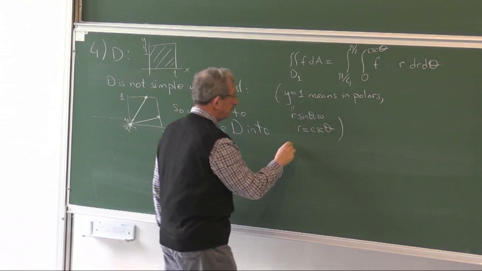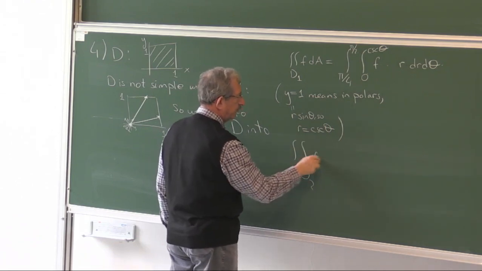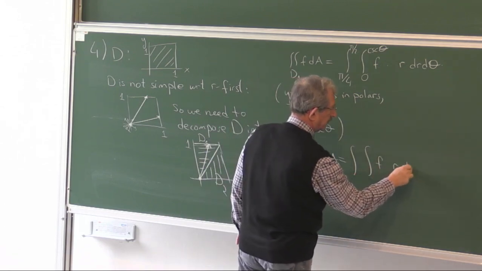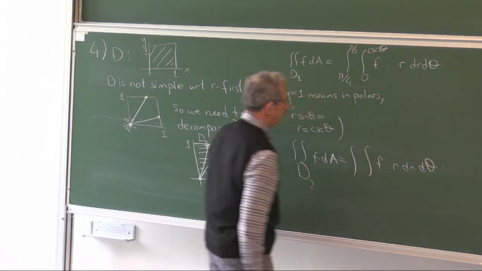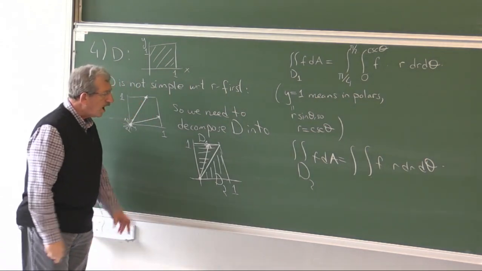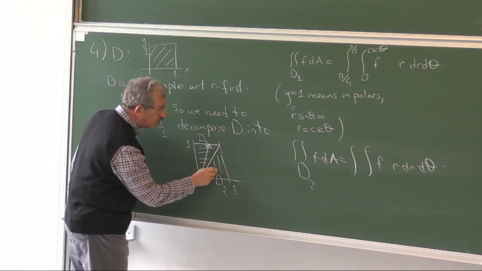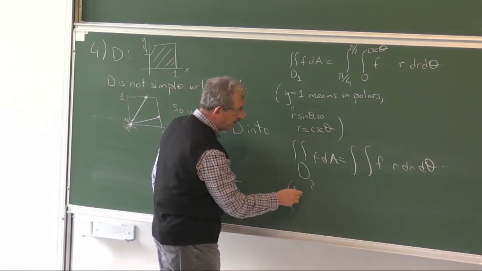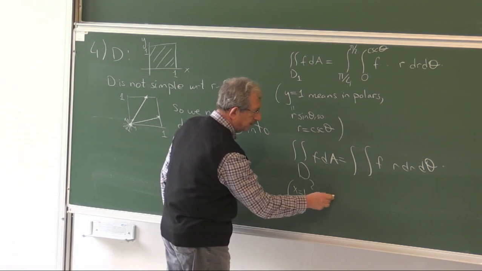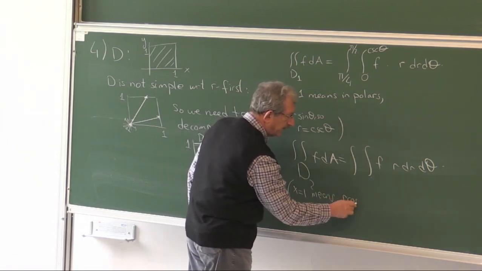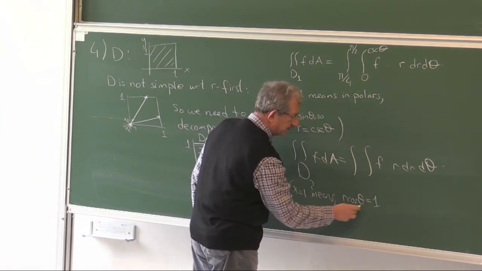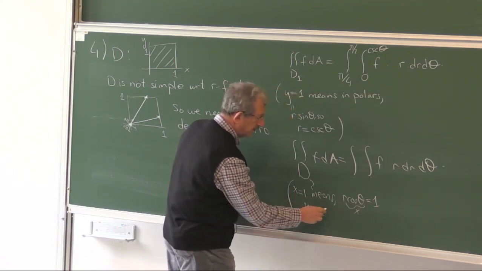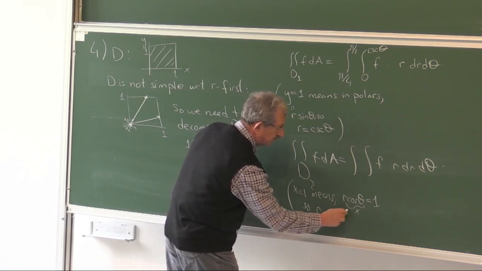Okay. And in D2, R now starts from the origin and goes up to x equal to 1 curve. Now, x equal to 1 means, okay, R cosine theta is 1. This is x. So, R is, okay, secant of theta.